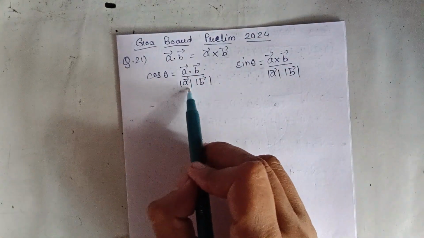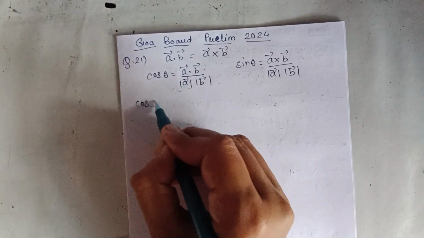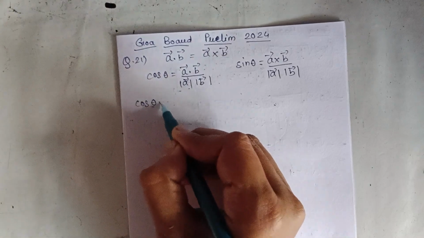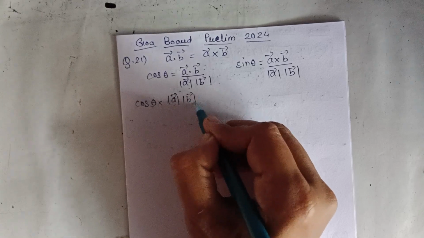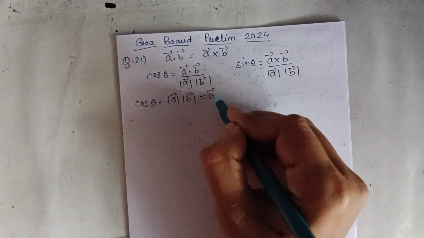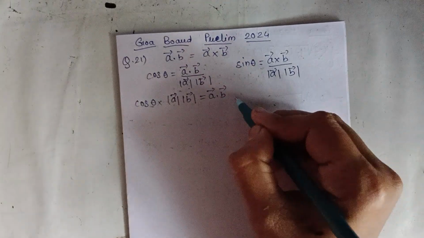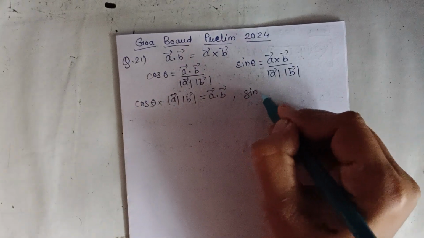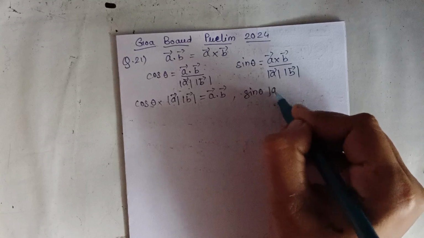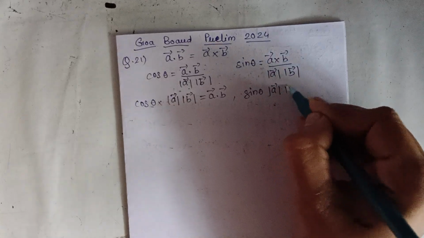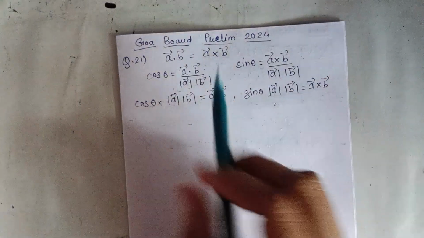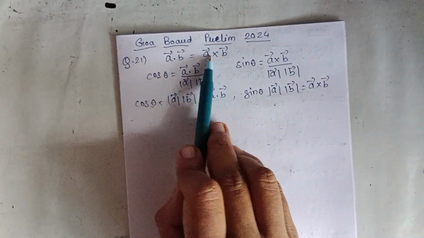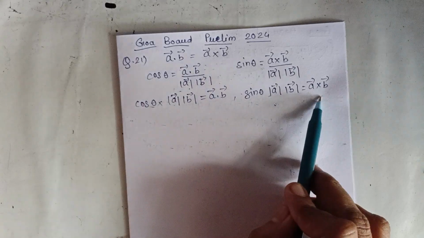Okay, so from this we can write cos theta into magnitude of A into magnitude of B, which is equal to A dot B, and sin theta into magnitude of A into magnitude of B equal to A cross B. So this condition is given, so we can equate these two equations.